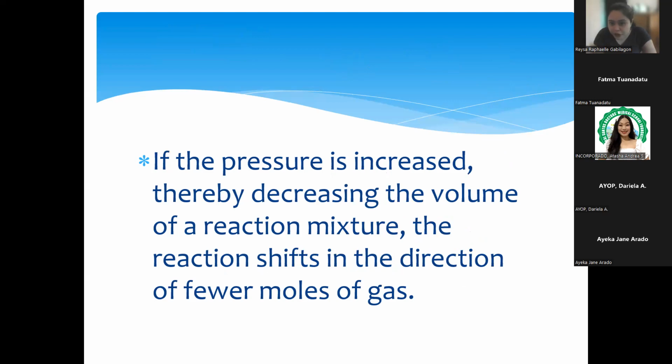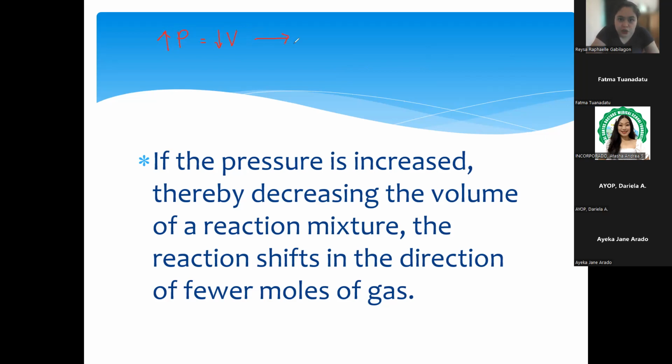So if we are going to read what is written on the screen, ang sabi dyan, if there is an increase in pressure, take note, isulat natin. If meron daw increase in the pressure of the system, remember class, bababa yung kanyang volume.